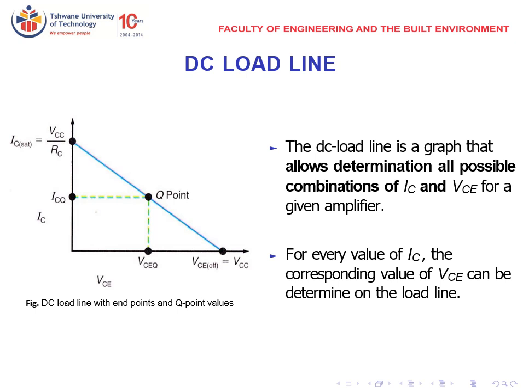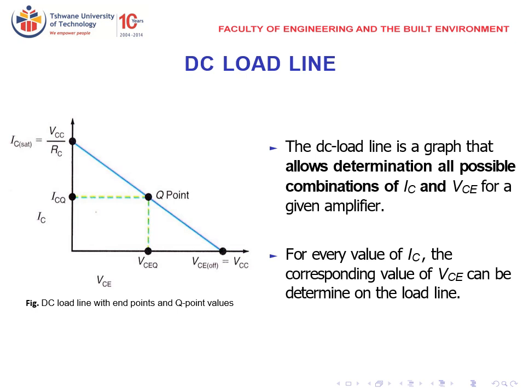DC load line. The DC load line is a graph that allows determination of all the possible combinations of IC and VCE for a given amplifier. So for every value of IC, the corresponding value of VCE can be determined in the DC load line.